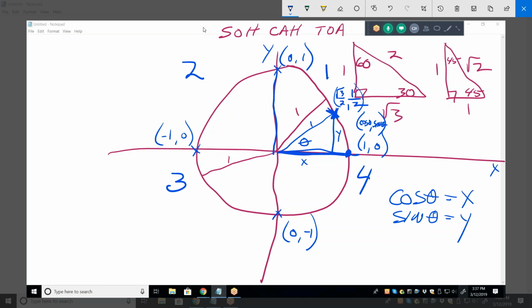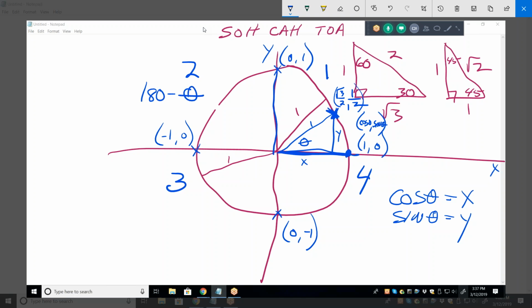When you are dealing in quadrant 2, what you want to do is take your angle, whatever it is, if it's greater than 90 and less than 180, let's say it's 135. You want to subtract, hold on a second. Excuse me, I got it backwards. It's 180 minus theta.